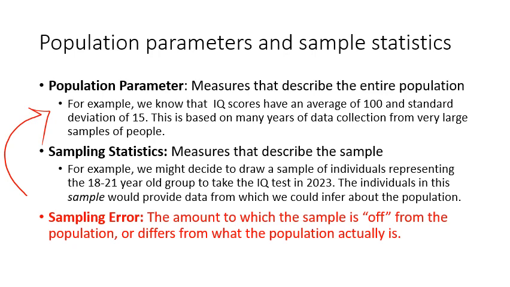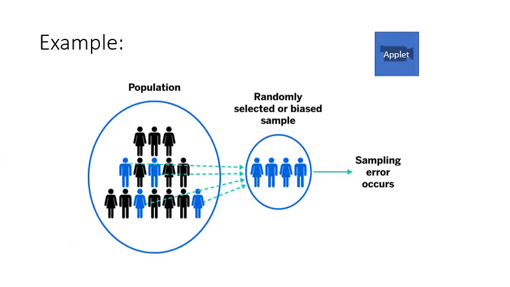And sampling error, when you have your statistics class, this will make more sense to you, but it's the amount to which the sample is off from the population or differs from what the population actually is. So if we have this population, we've drawn out these four, well, these might be randomly selected.